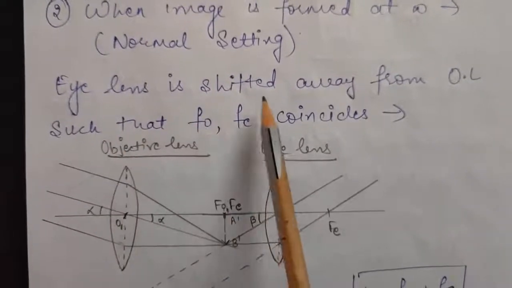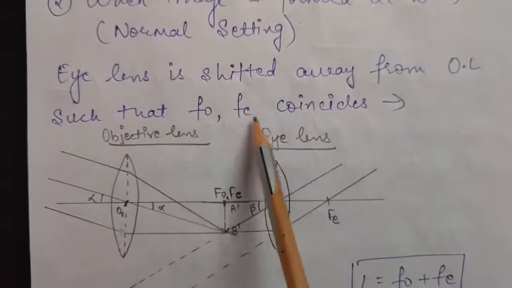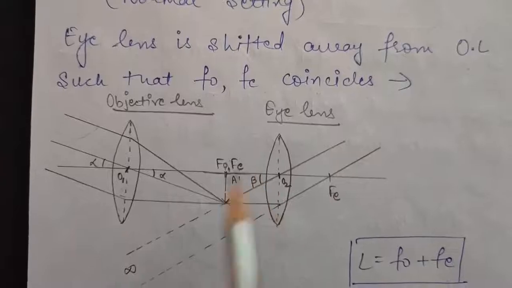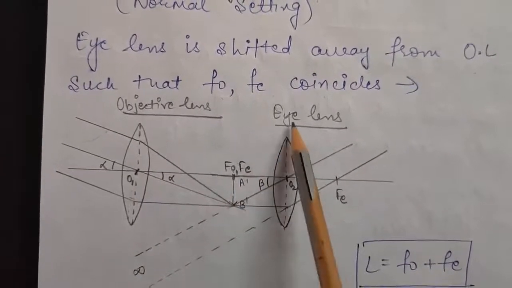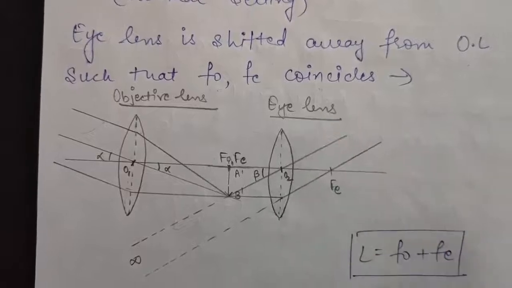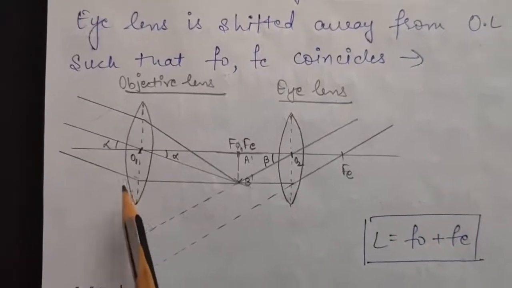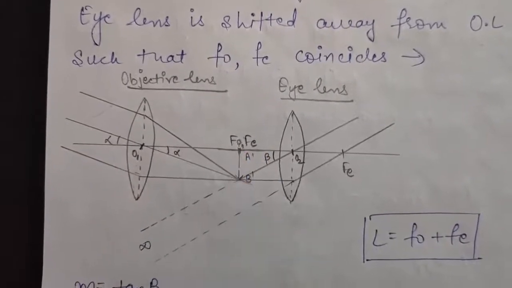The eye lens is shifted away from the objective lens such that F0 and FE coincide. See, in the first diagram this FE was here. In this diagram, the eye lens is shifted towards the right side, away from the objective lens, such that F0 and FE are now coinciding with each other.